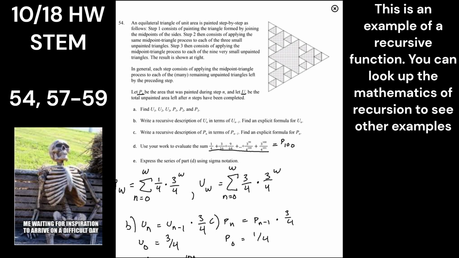And for D, we could solve this. I don't know why I erased that much. It's 1 over 4 times 1 minus 3 over 4 to the 100 over 1/4. These cancel.